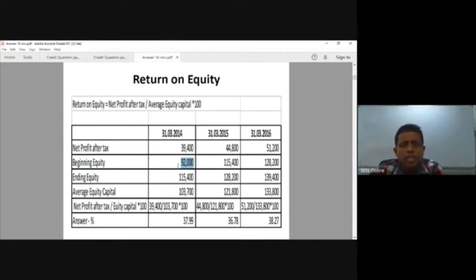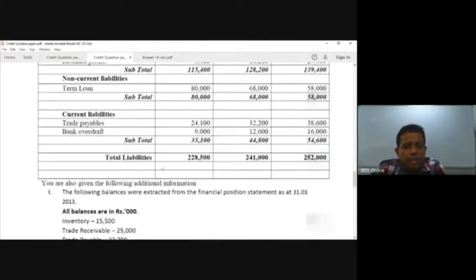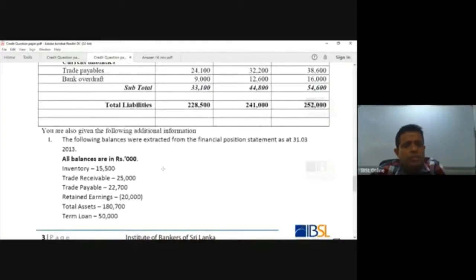To calculate the 2013 figures, under note 1, they have given the figures. Now, I mentioned equity means stated capital plus reserves. I will go to note number 1. Under note number 1, take the stated capital.